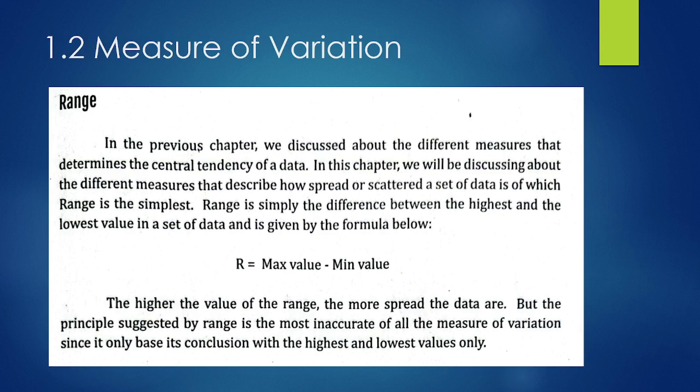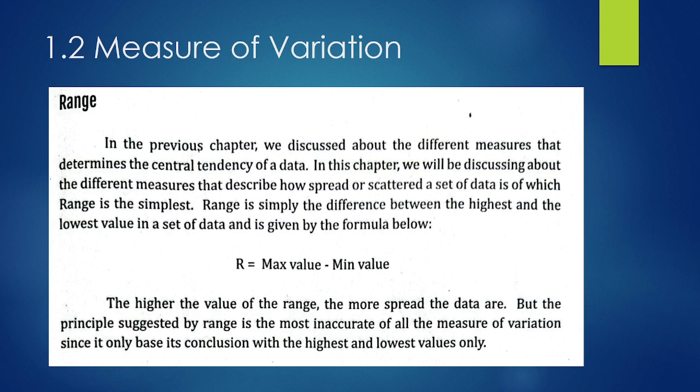Range is simply the difference between the highest and the lowest value in a set of data and is given by the formula below. R, that is the denotation for the range, is equal to the max value minus the minimum value. The higher the value of the range, the more spread the data are.